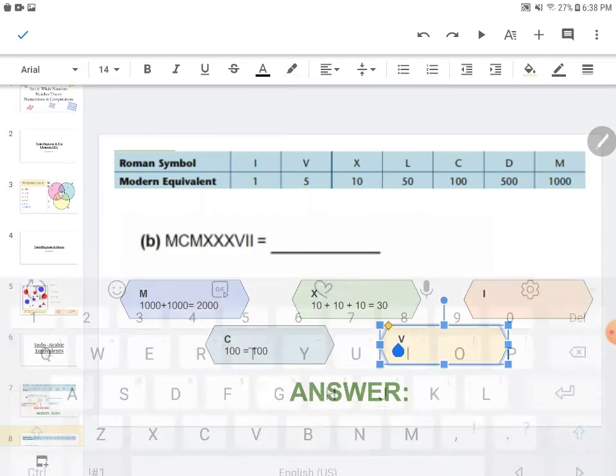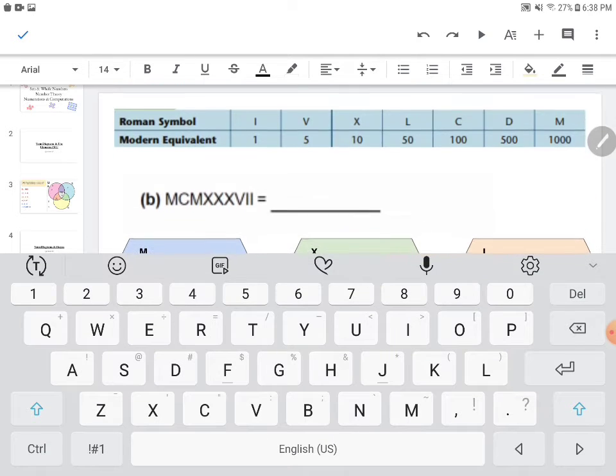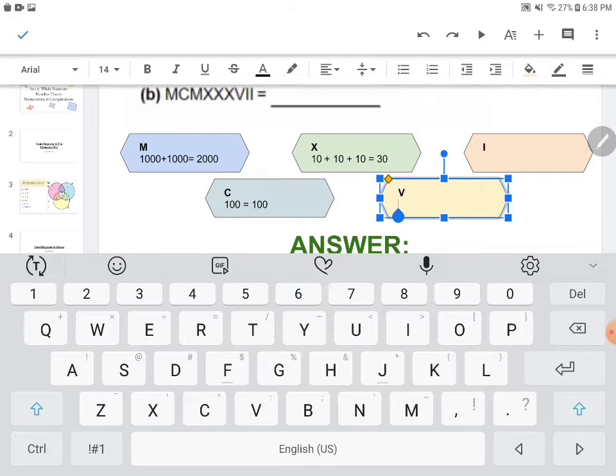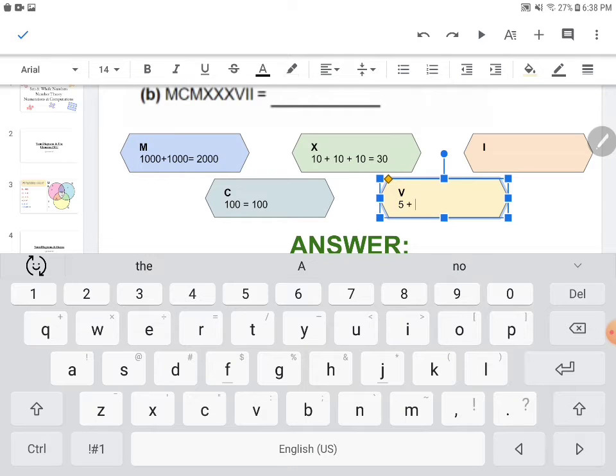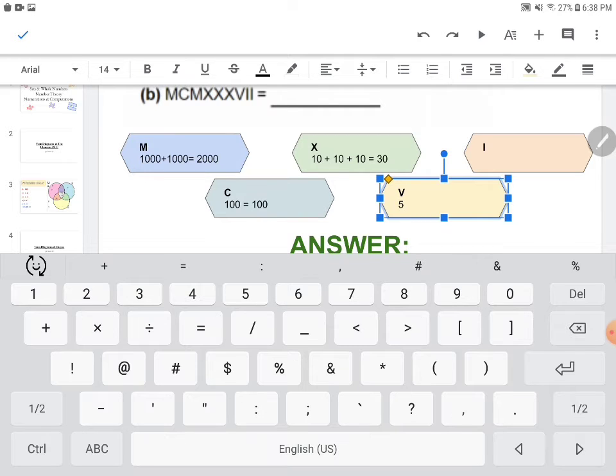Next, we'll move on to V. We know that V is going to be equivalent to 5 since it's in the key. And we're only presented with 1 V in the problem. So our solution has to be 5.